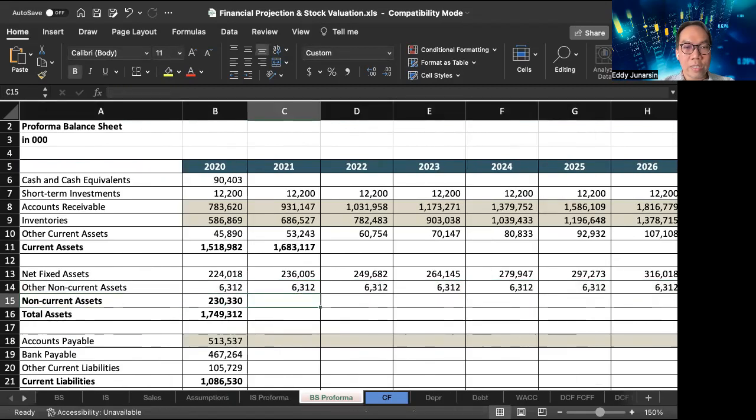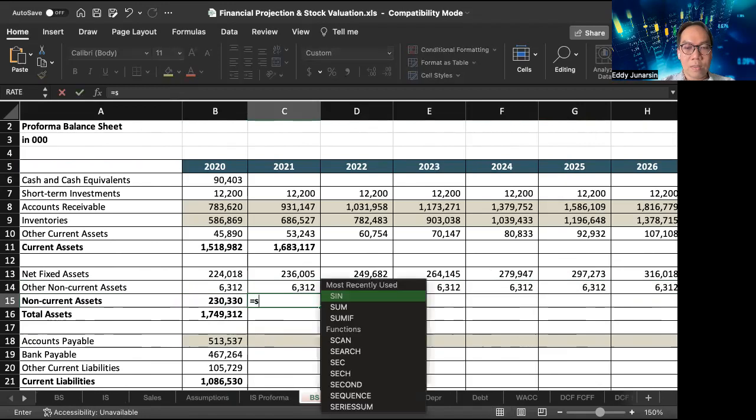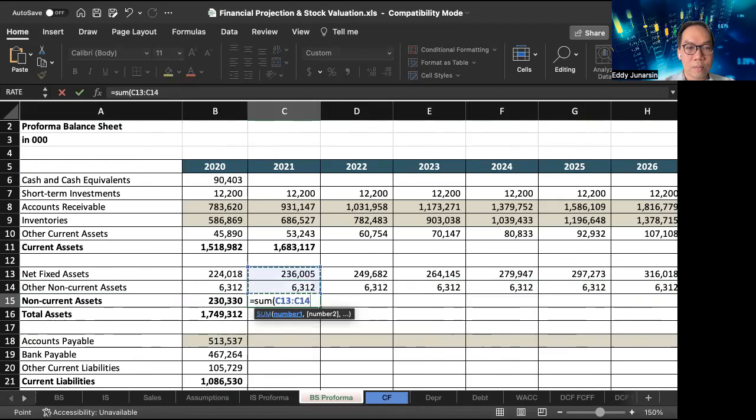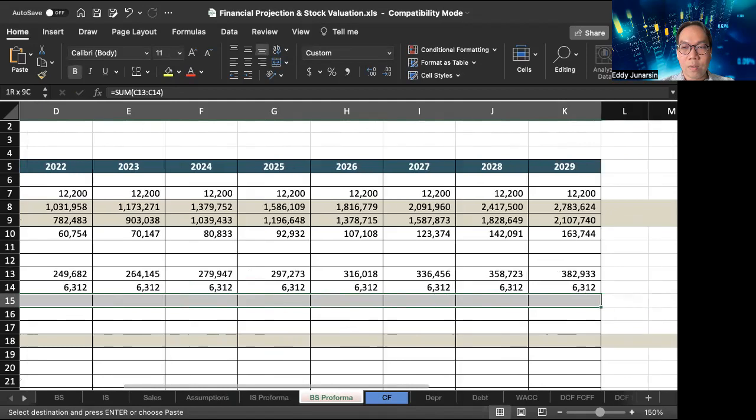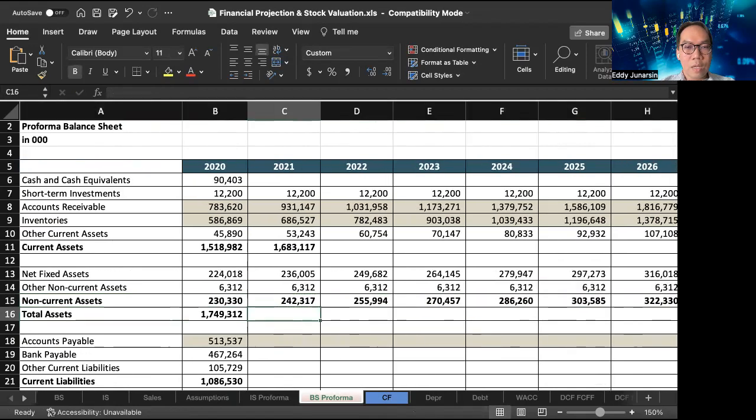Okay, so non-current assets, the sum of this. Total assets would be the total of current assets and non-current assets. Okay, so that's the asset side.